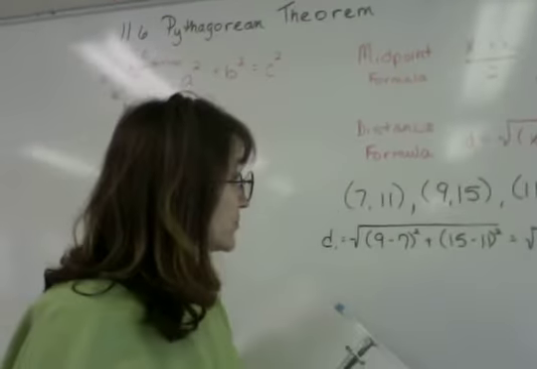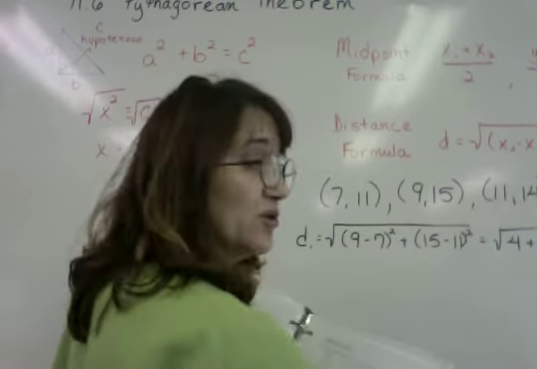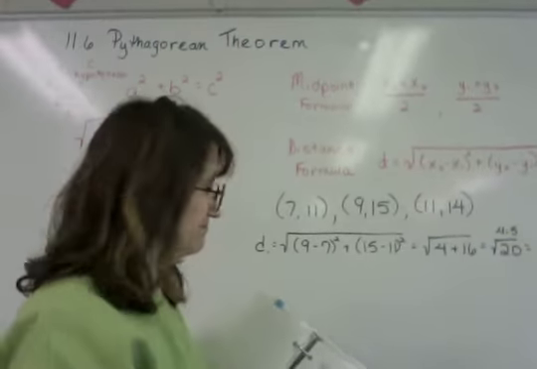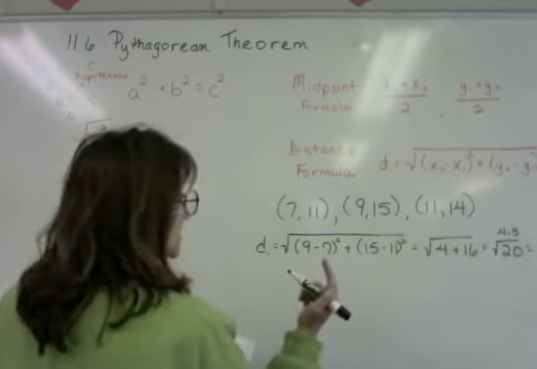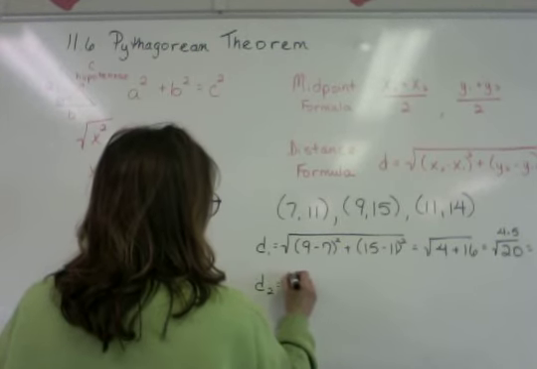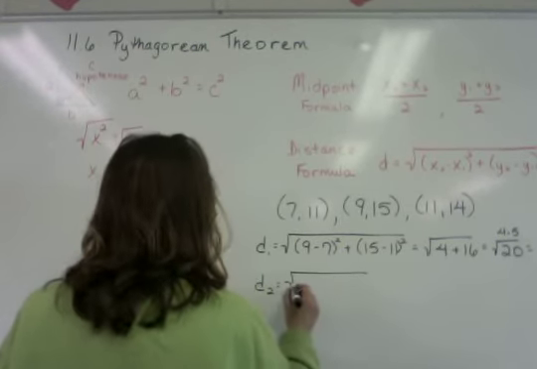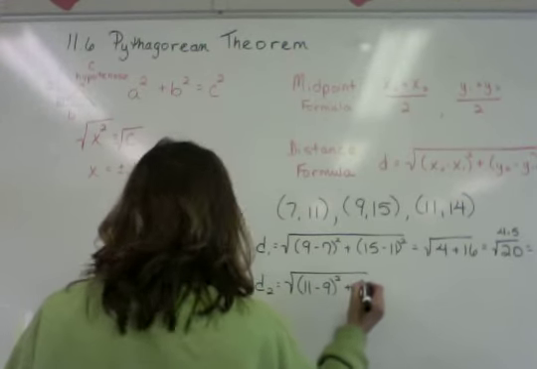Now let's measure or figure out the distance of those two points. So we're doing this point and that point. Putting it all under here, we're going to have 11 minus 9, and then we'll square.